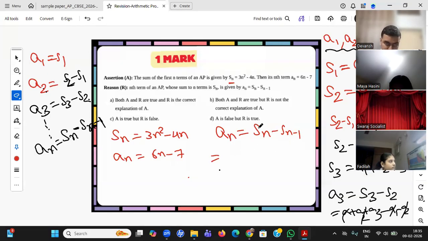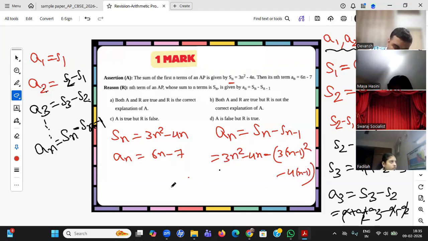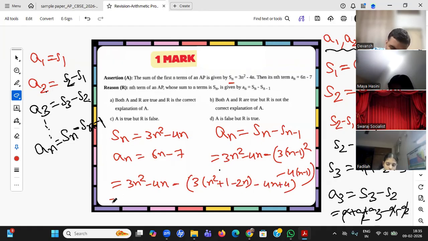Okay, so if I want A of n as 6n minus 7, if I do this, I should get the same answer. What is S of n? He already gave 3n square minus 4n. What is S of n minus 1? In place of n, you should keep n minus 1. That's all. So that will be 3n square minus 4n minus 3n square plus 6n minus 3 minus 4n plus 4.